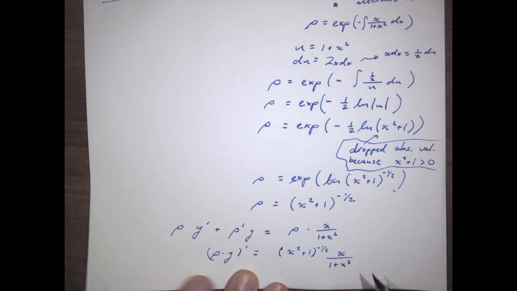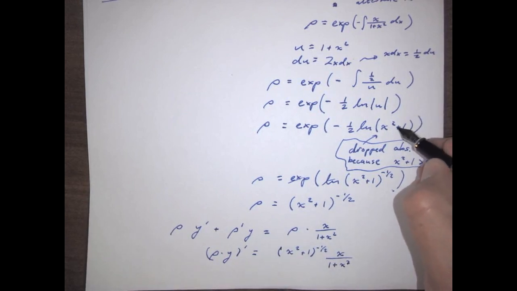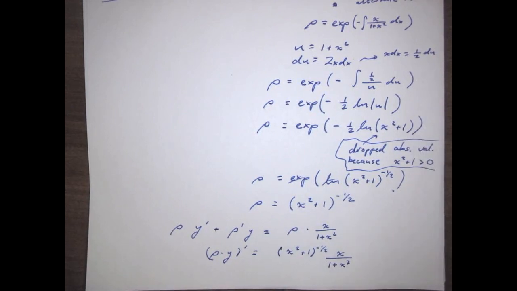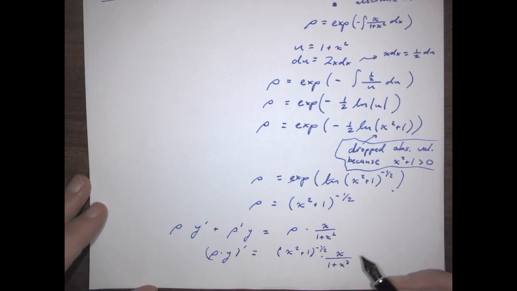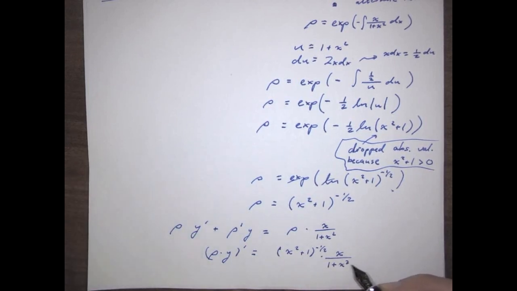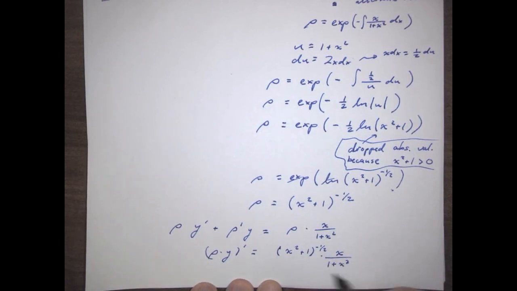Somewhere, at some point up here, I accidentally started writing x squared plus 1 instead of its original form of 1 plus x squared. But that's all right, they're the same thing, so no big changes have happened here. But now let's think about simplifying this. We've got x squared plus 1, or 1 plus x squared, however we want to write it. This is basically a power of negative 1. This is a power of negative 1/2.